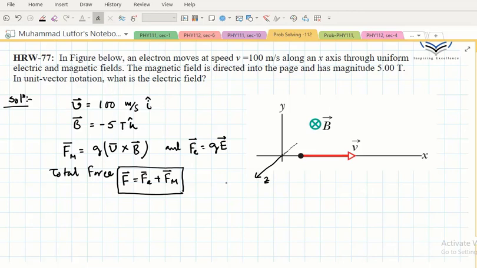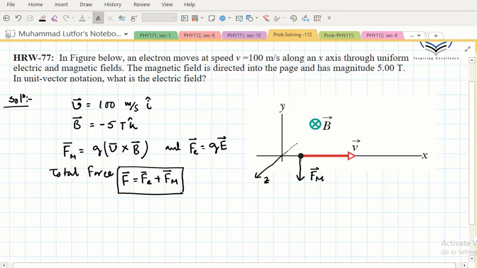Since the electron is negative, I flip the direction of this force. So the magnetic force on the electron would be in the downward direction.